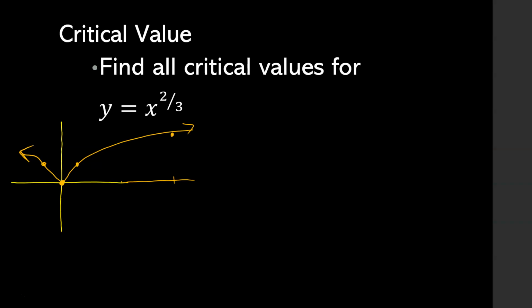So how many critical values is this graph going to have? Where is its derivative equal to 0 or undefined? Well, it doesn't appear x to the 2/3 power has any places where its derivative is equal to 0, and has one place where its derivative is undefined. Over here it's 0. So let's see. Y prime is 2/3 x to the power negative 1/3. Let's rewrite that.